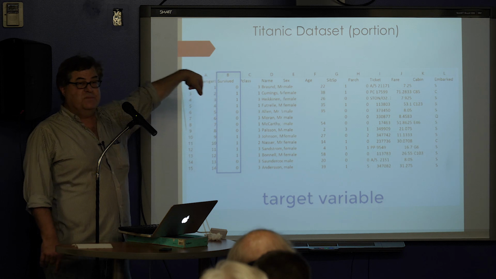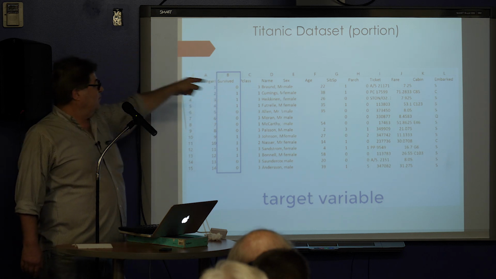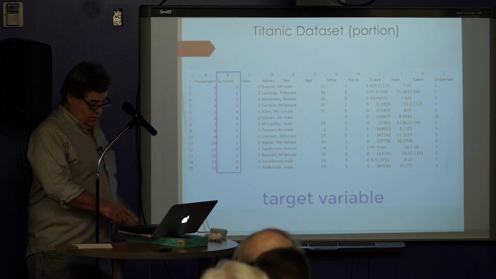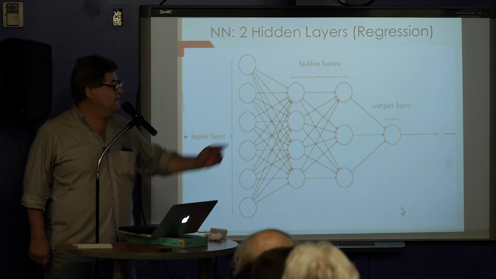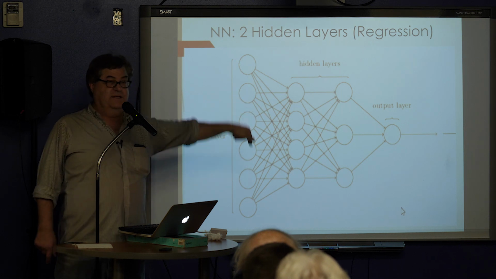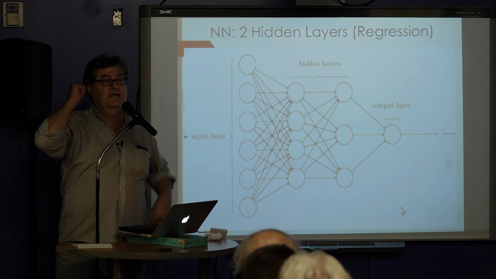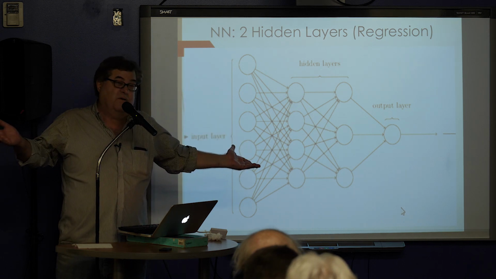So I mentioned this because the input, remember I said you input every row? You input each row except for that column. And you input that, and then you pass it along, and it gets through to the end, and then you compare what this thing calculates with the actual correct value in that spreadsheet. And you take the difference. Now, of course, the numbers were random at the beginning, so it's not going to be correct.